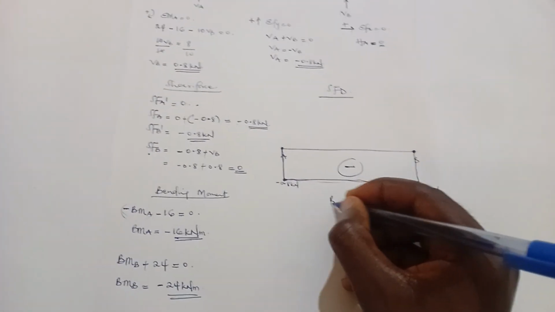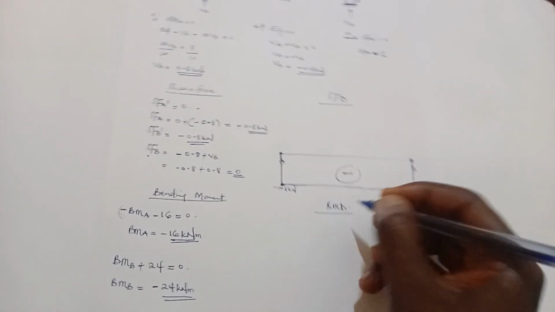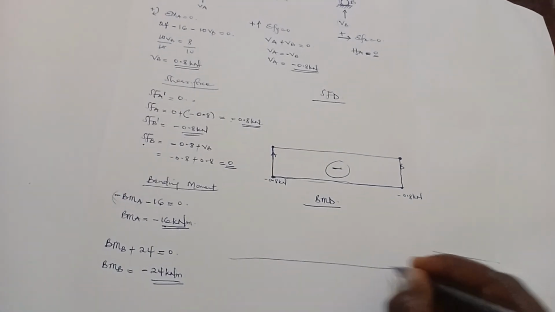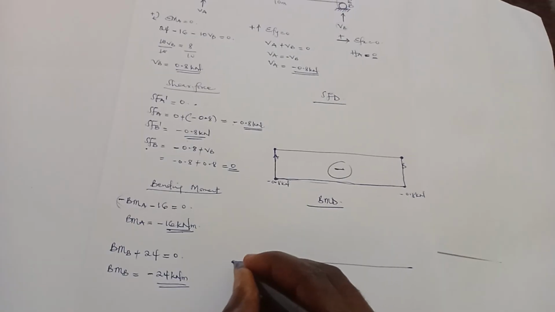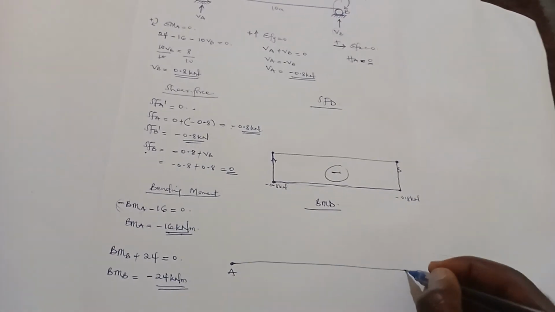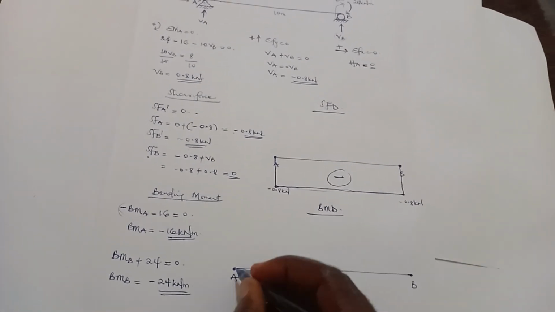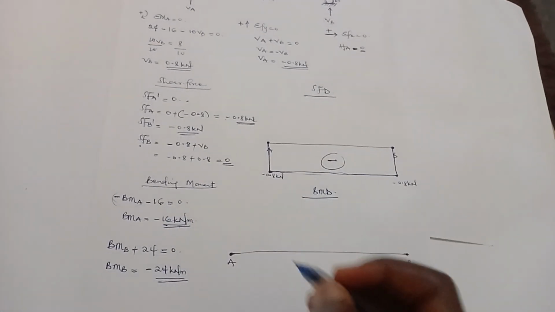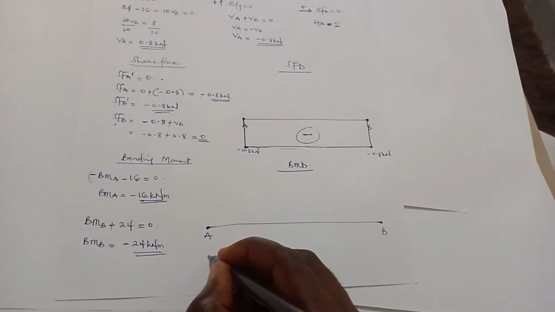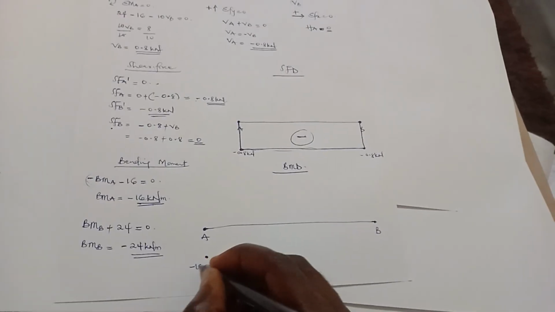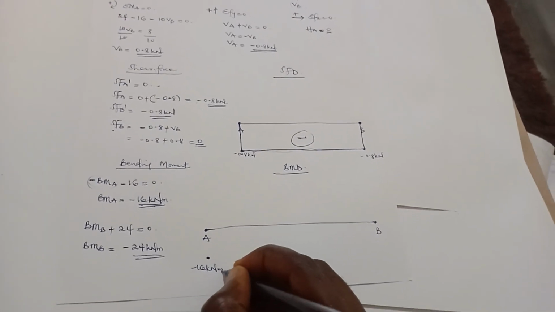So we can draw our bending moment diagram. This portion is A and this portion is B. The bending moment at A is negative 16, so we can bring it here, negative 16 kilonewton meter.